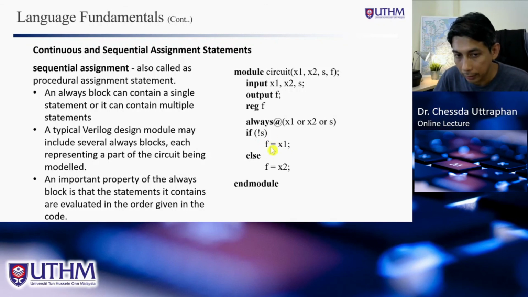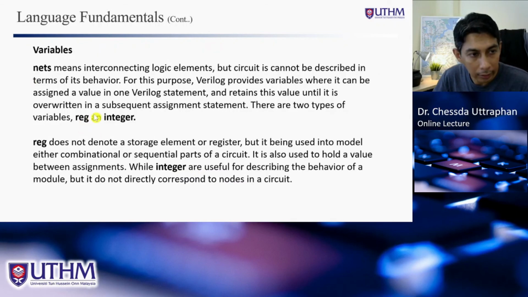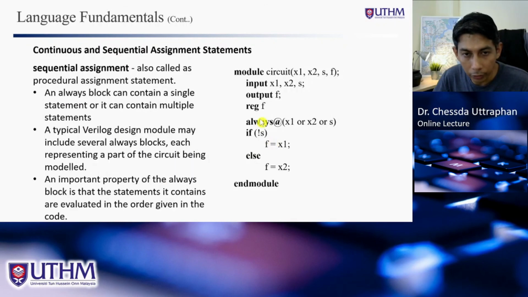When you use an always block, this f will be a variable. So you must declare f as a variable as well. And in Verilog, a variable is reg, right? That's why you have reg f here.